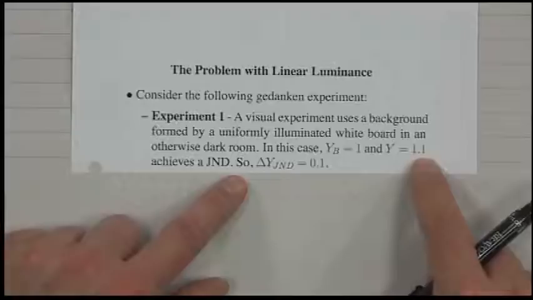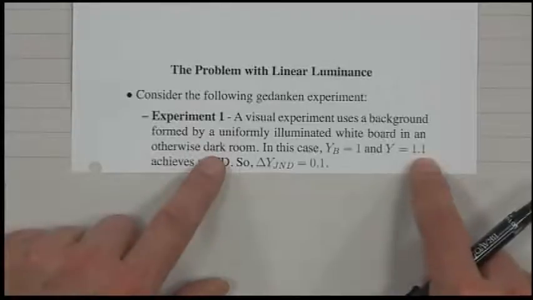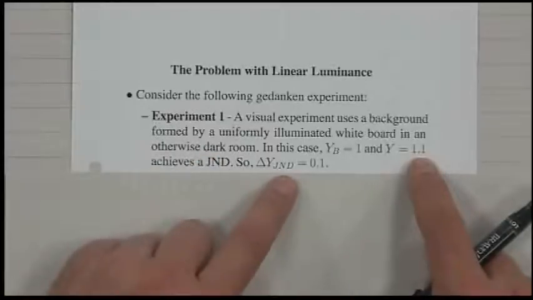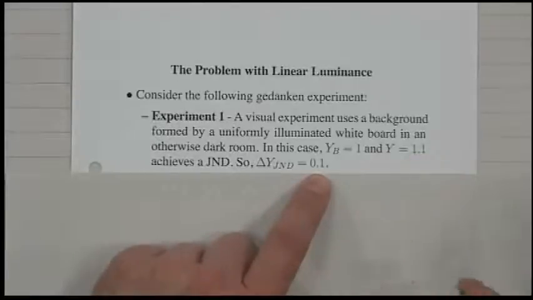So it's a dark room, okay? But the board is illuminated, and so this is a 10% difference in the brightness of the dot versus the background, okay? So delta y is 0.1 in this case, 0.1 of some kind of units.